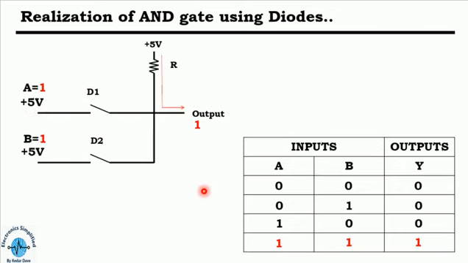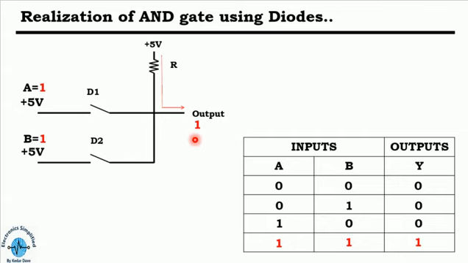Now taking the fourth case, both voltage levels are provided the 5 volts, that means logic 1 is applied, and hence the output will be 1 because the current will flow in this direction only, as the arrow shows, and the output will be 1.